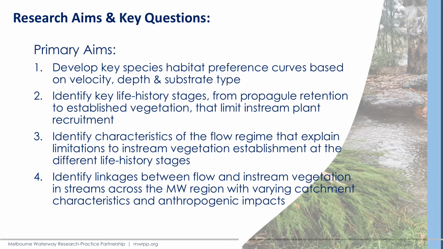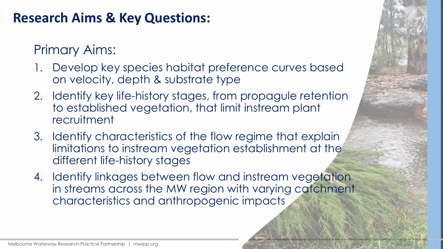The primary aims of the research are to develop key in-stream vegetation species habitat preference curves based on velocity, depth, and substrate type. We're also looking to identify key life history stages from propagule retention to established vegetation that limit in-stream plant recruitment in streams under anthropogenic stress.